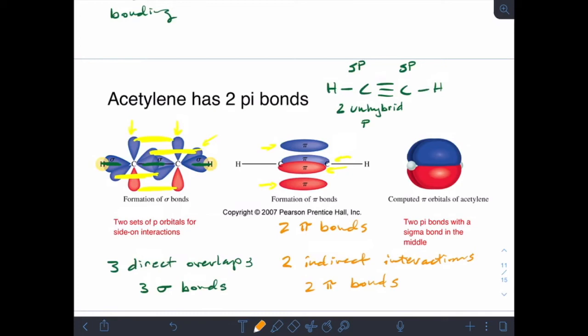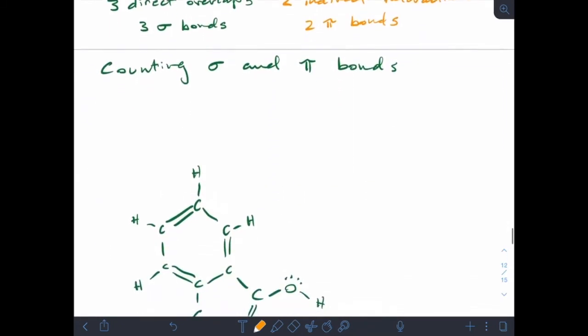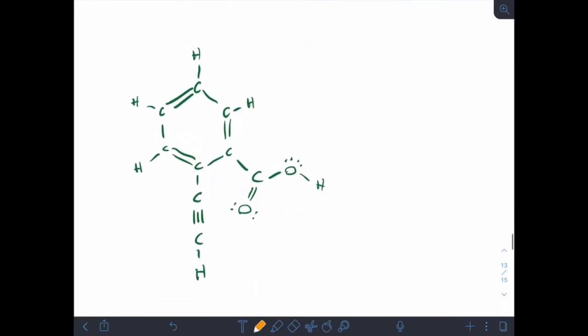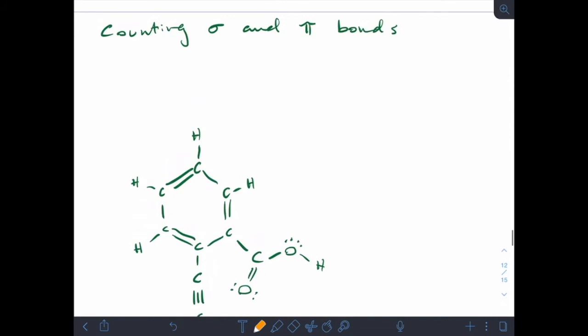Okay, and we're doing all this direct overlap, indirect interaction terminology, but it's actually a lot simpler than that to determine how many sigma or pi bonds there are. So, counting sigma and pi bonds, and I've got this wonderful sort of hideous molecule to look at. The easiest thing: all bonds count for one sigma bond each.